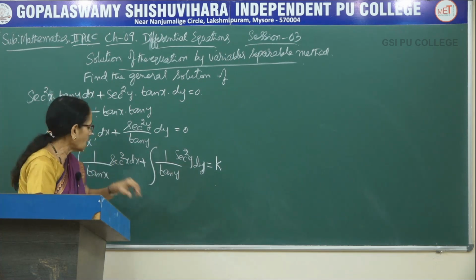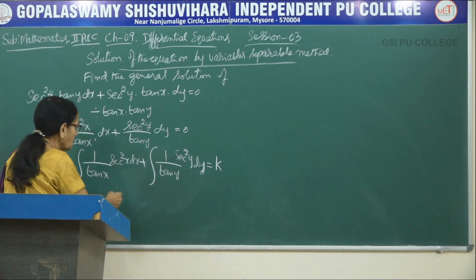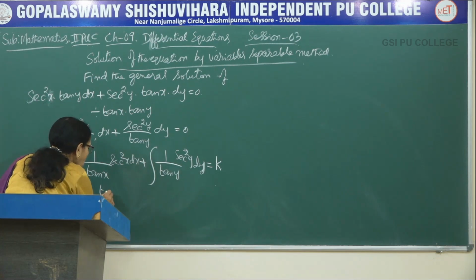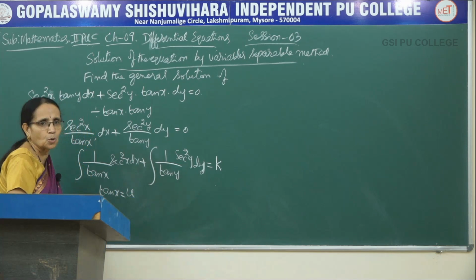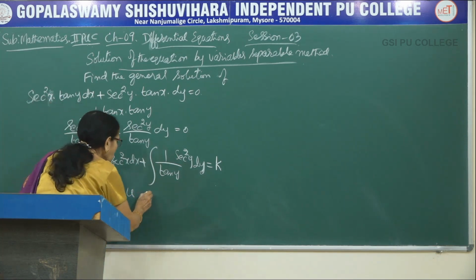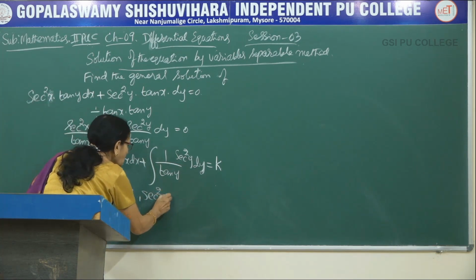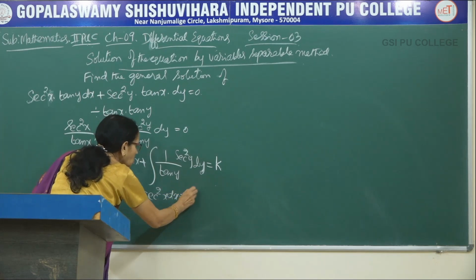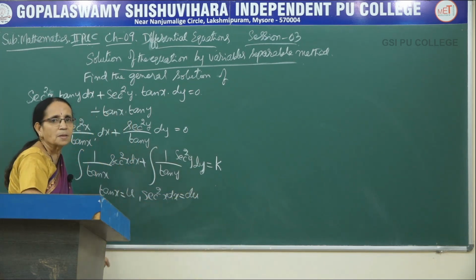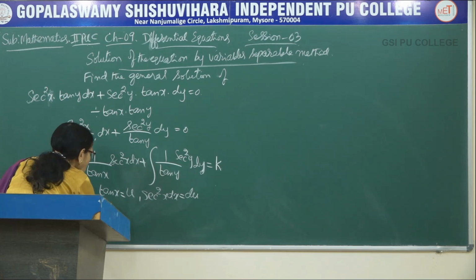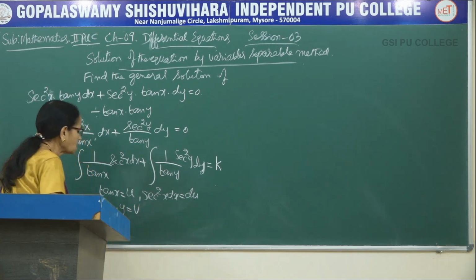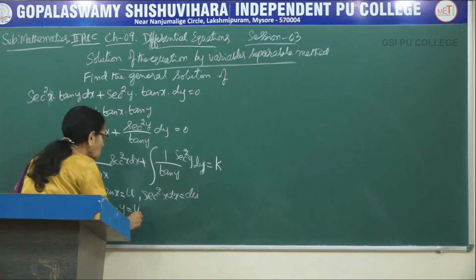Now how can we integrate? First let me make a substitution. Let tan x be equal to u. When tan x is u, naturally secant square x dx would be equal to du. The second one: you take tan y, because there are two variables here, it is left to your choice, t or u, anything you can take.